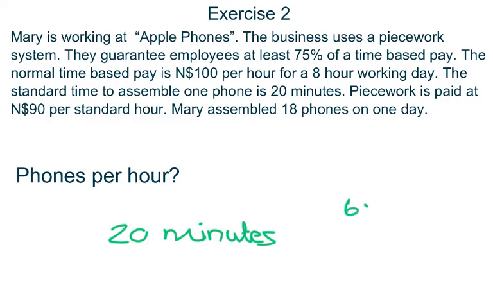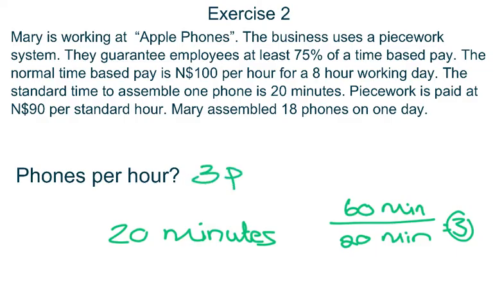So I will say 60 minutes, because 1 hour is 60 minutes, divided by 20 minutes, and that will give you 3. So in other words, Mary is supposed to assemble 3 phones per hour. This is where we will start with this exercise.